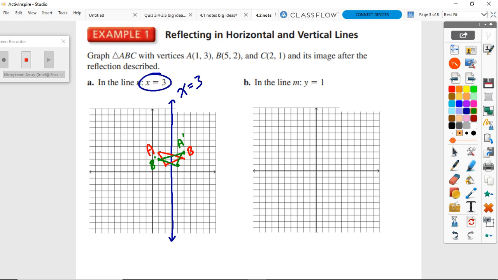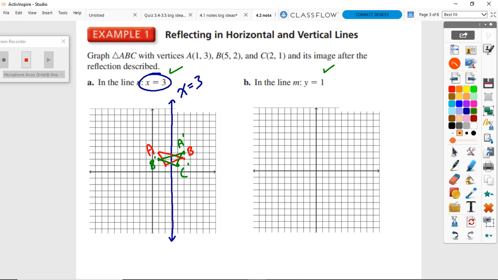So you got a little something like that with your new image. Now it wants the actual graph of it. So a lot of times if you're reflecting across the line y equals or x equals, then they're going to have you graph it instead of trying to just do it off the top of your head.